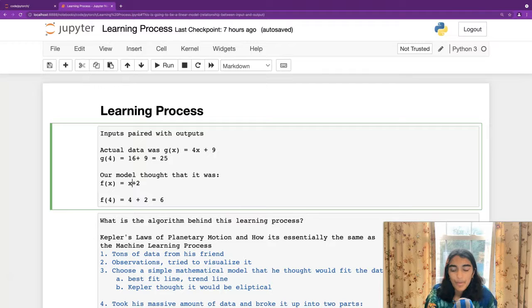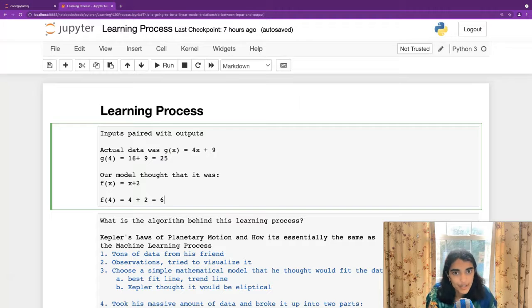And the initial value for our slope and our y-intercept, or in other words, our weight and bias, is 1 and 2. Okay, so that's what's going on here. And once we figure out that we're wrong, once we figure out, hey, based on this loss function, we are very, very off. We're 19 units off.